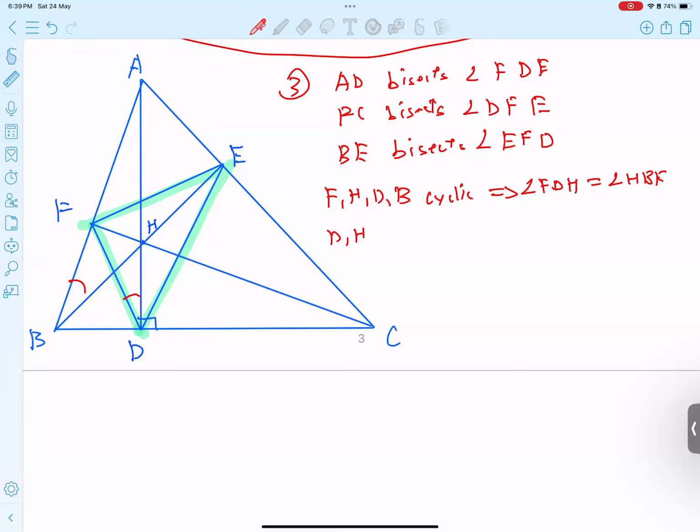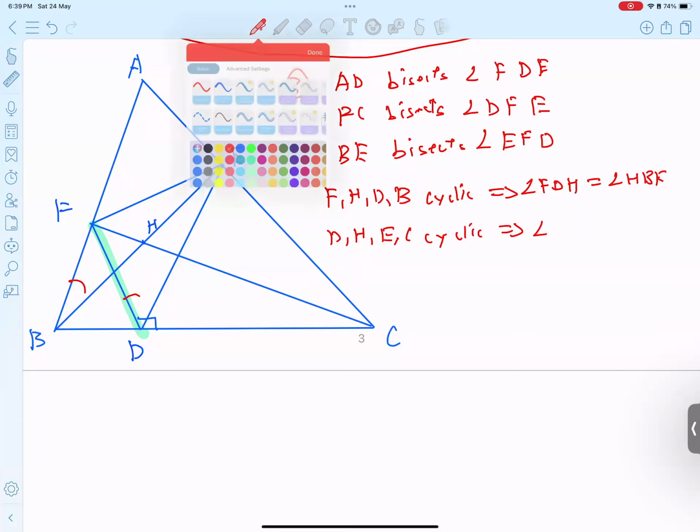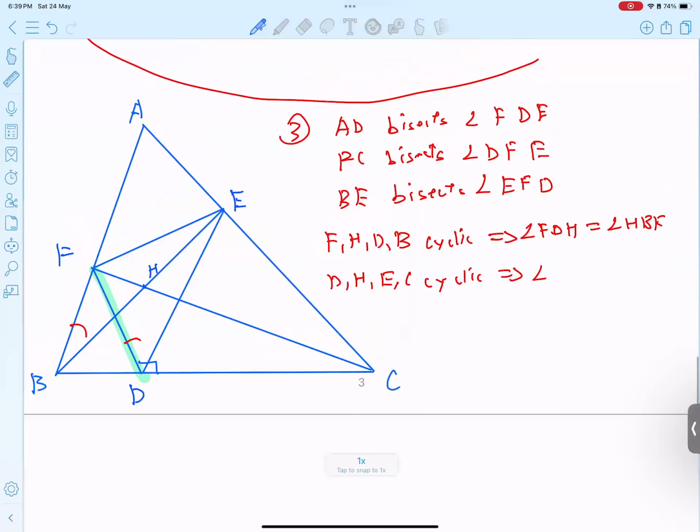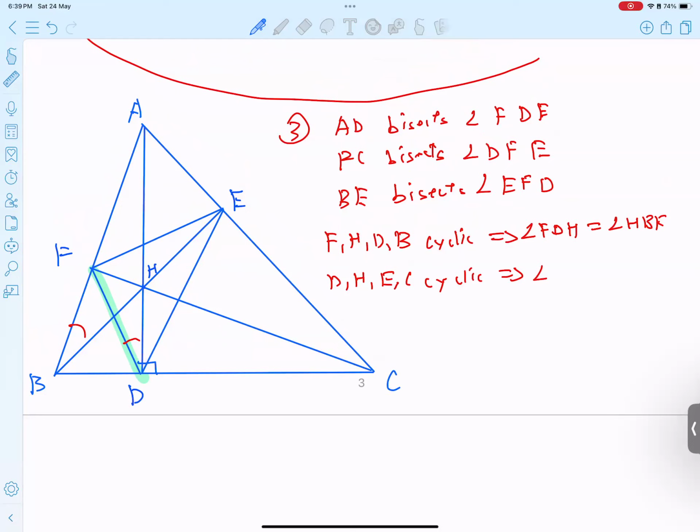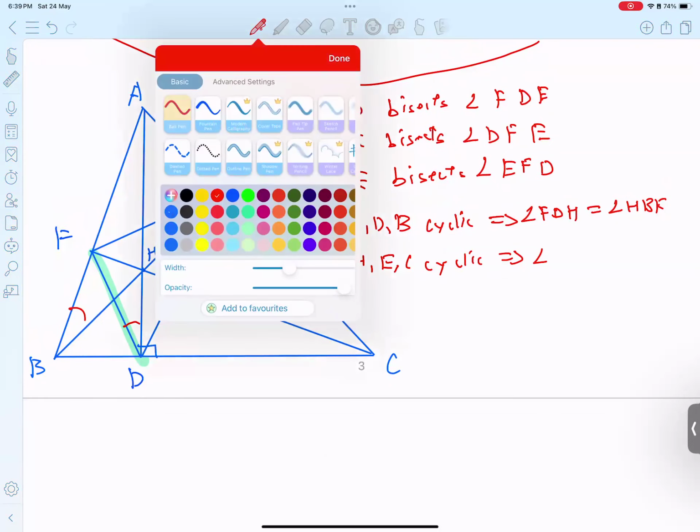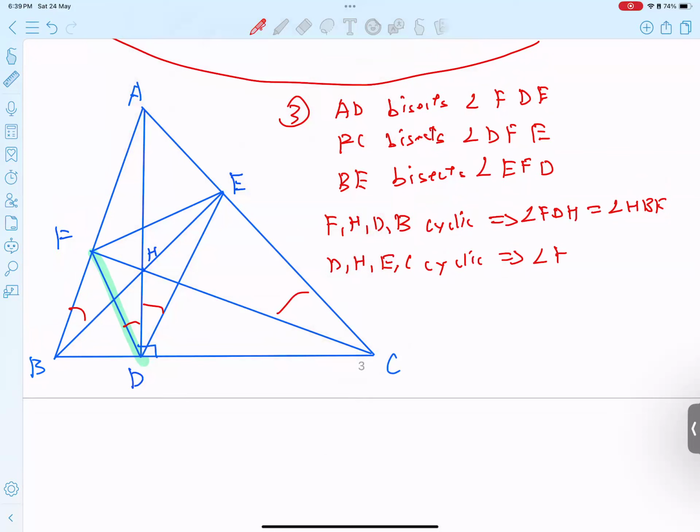And then DHEC is cyclic. That gives angle HDE equals angle HCE.